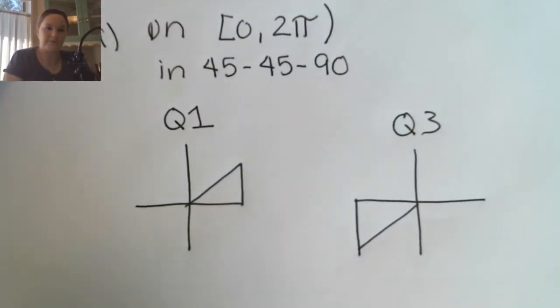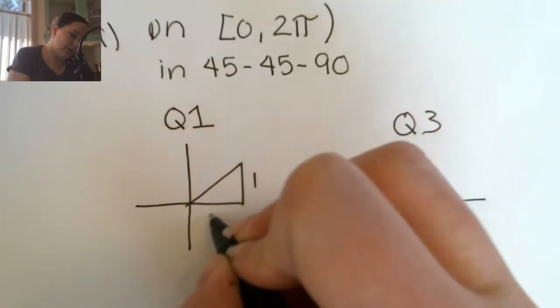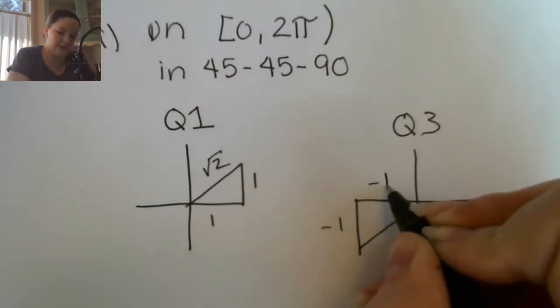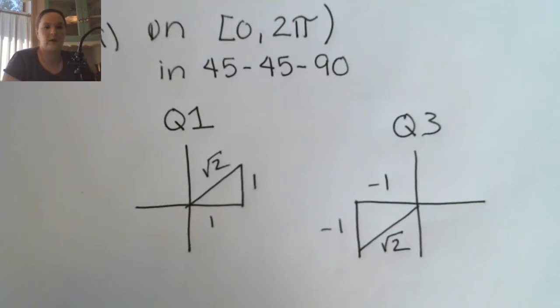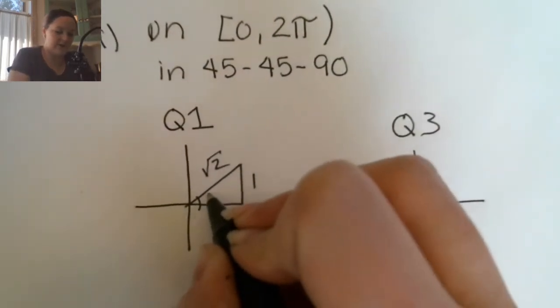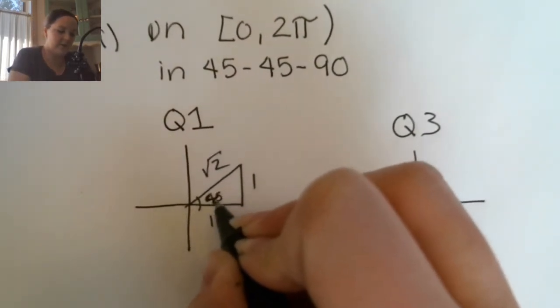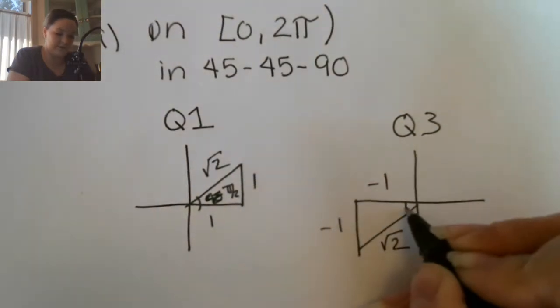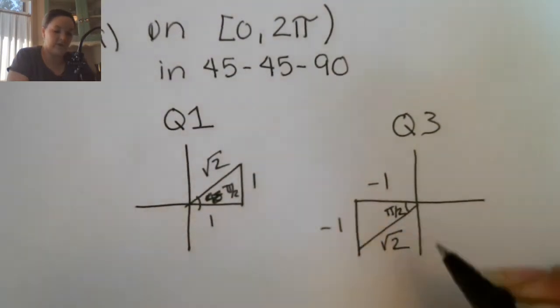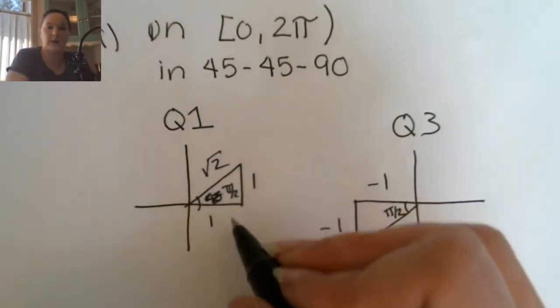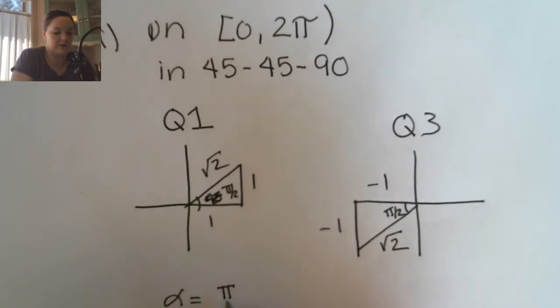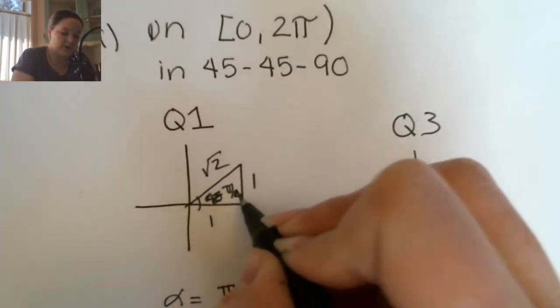So this would be when we have 1, 1, and root 2, or -1, -1, and root 2. Of course our reference angle is 45 degrees, or pi over 4. So in quadrant 1, our actual angle is pi over 4.